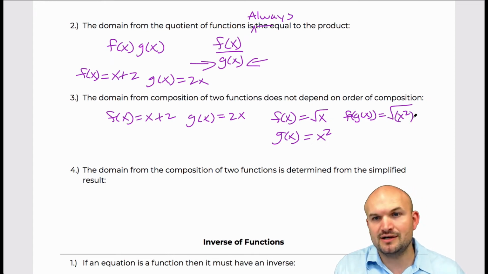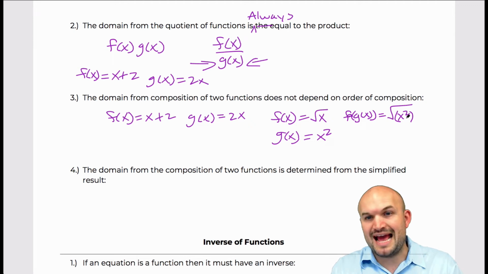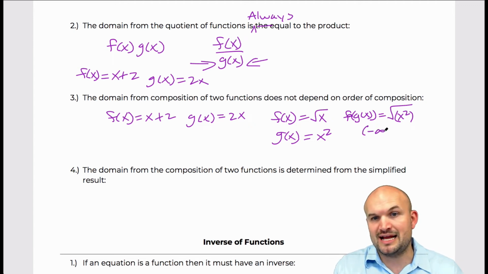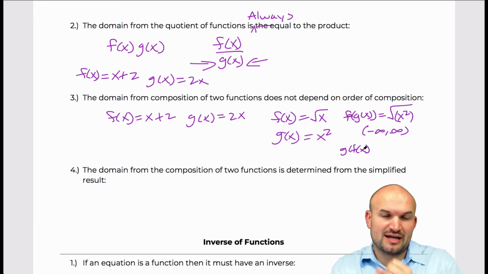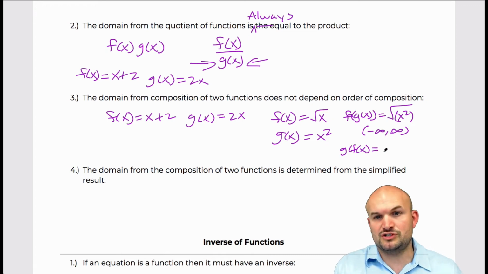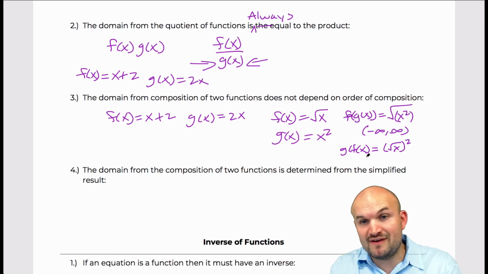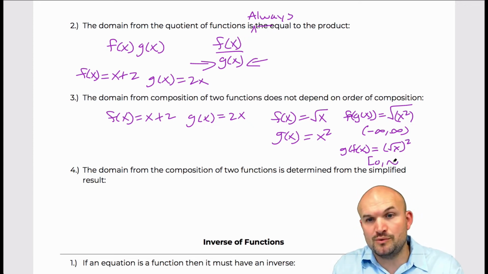Here I'm inserting x squared, so that domain is unrestricted: negative infinity to infinity. Whereas when I do g of f of x and plug the f of x function into the g of x function, I now have the square root of x squared, and the domain restriction of the square root of x is from 0 to infinity.